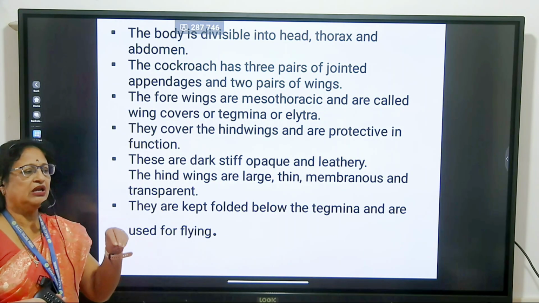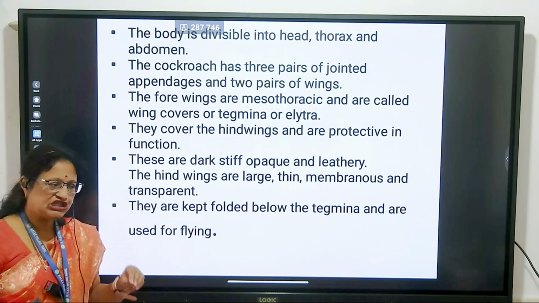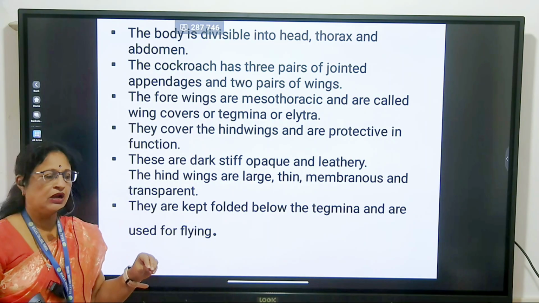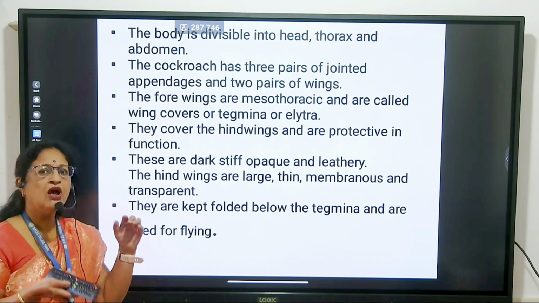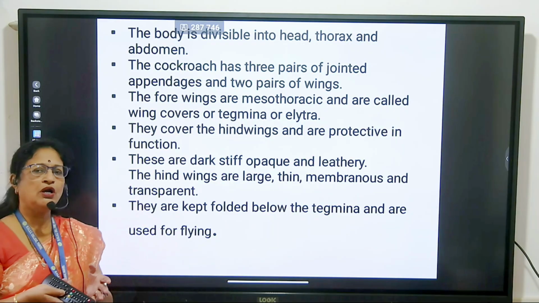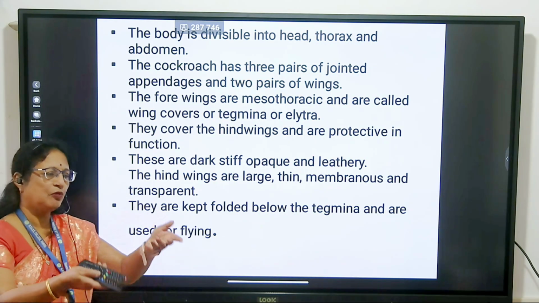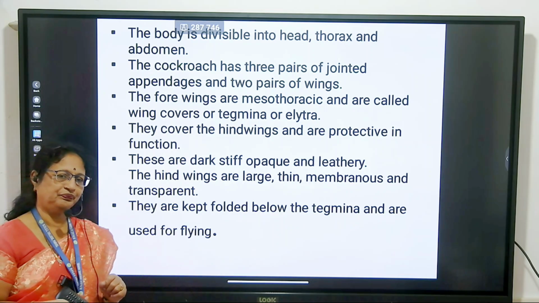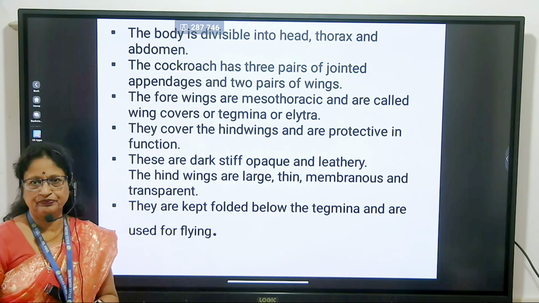This hind wing is non-transparent. It is dark, stiff, opaque and leathery. It is not useful for flying. It is only there for protection. So this hind wing gets modified for the protection purpose.